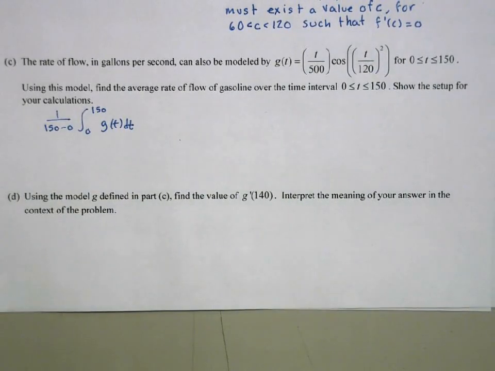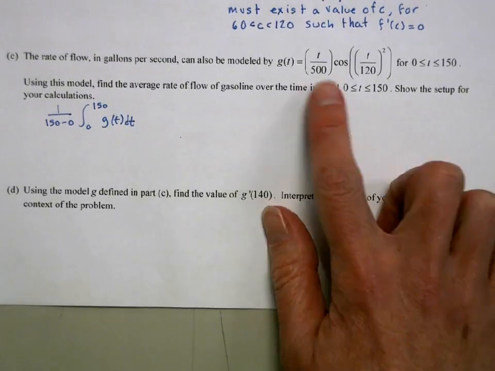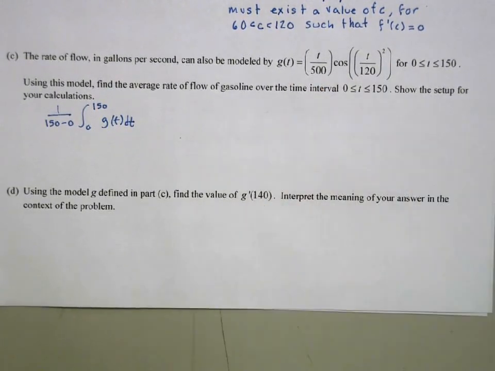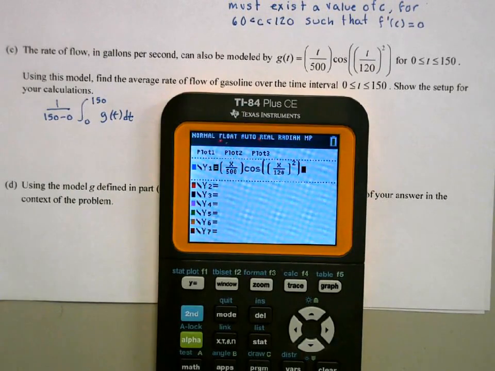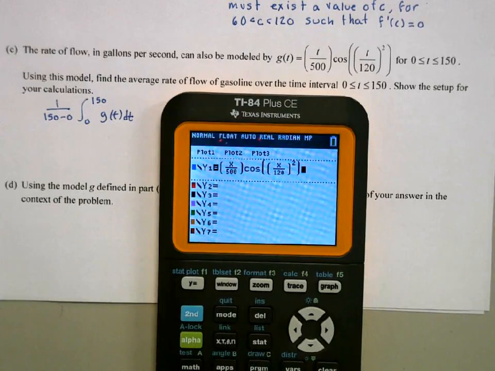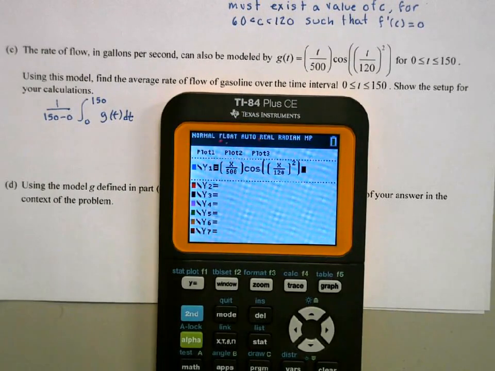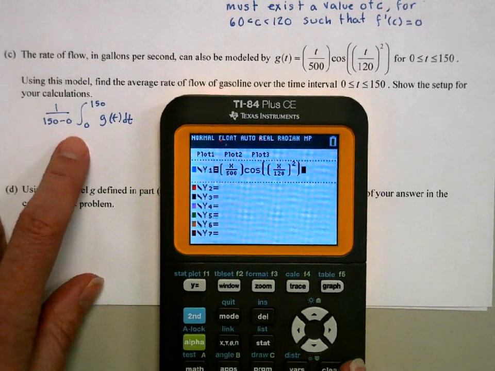Now we're going to let the calculator do the work for us. I'm going to go ahead and put this into my y equals. And keep in mind you can do this in Desmos, but I'm doing this on a TI-84. Okay, so I've typed the equation into the y1 of my calculator, and then I'm going to go ahead and do this calculation.